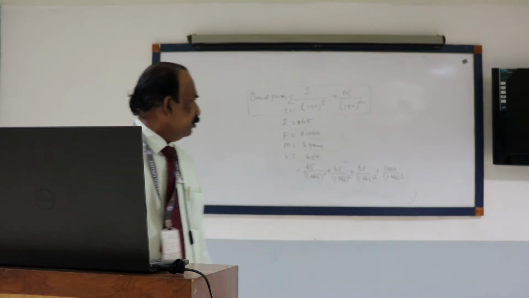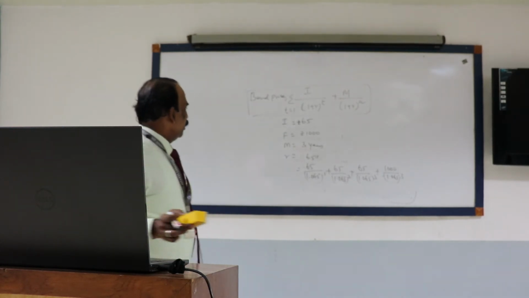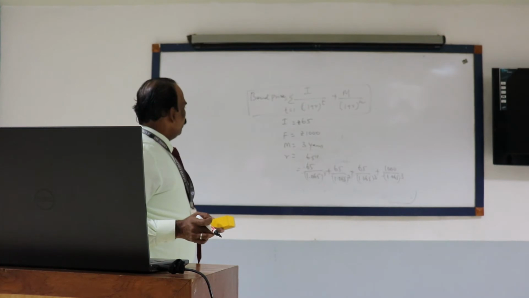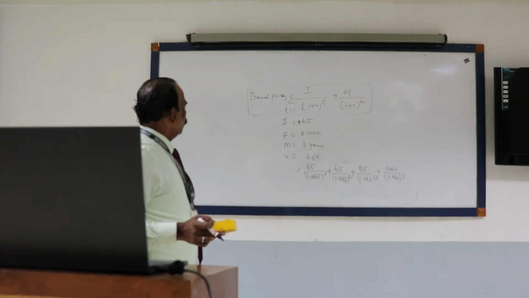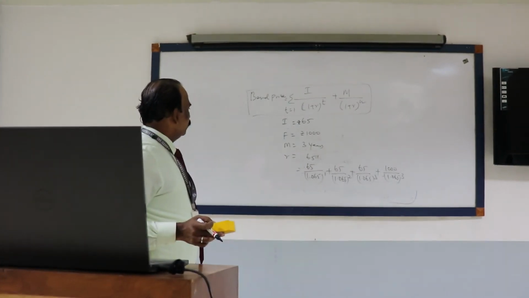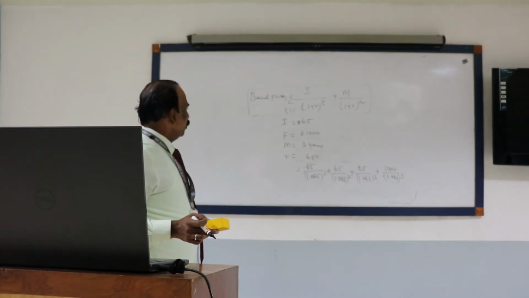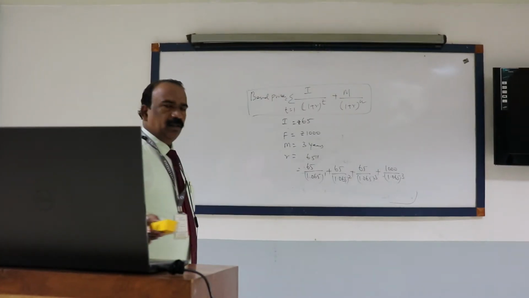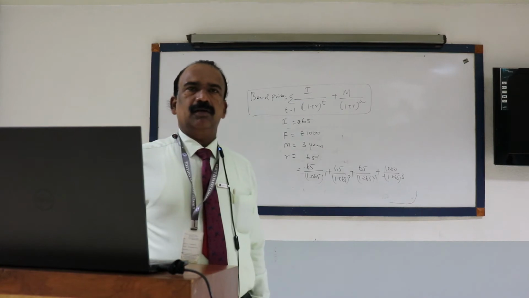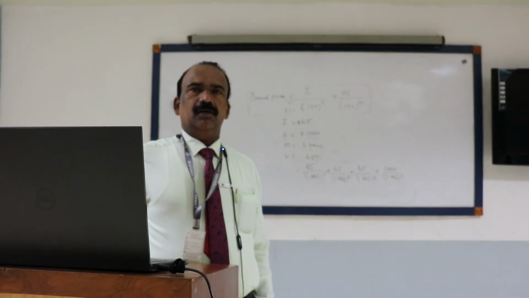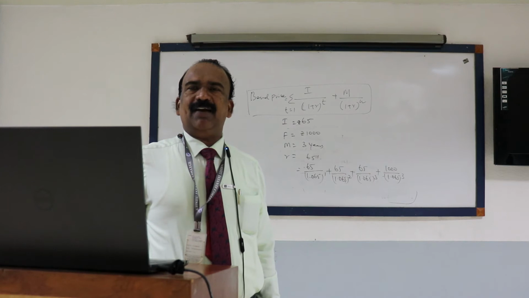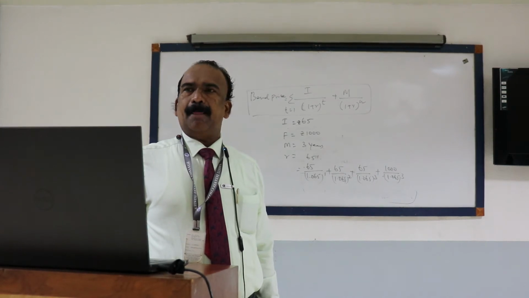Sir, how does 6.5 become 1.065? I plus R is equal to 1 plus 6.5 percent. So how does it become 1.065? I have a confusion in that figure. 6.5 divided by 100, how much?